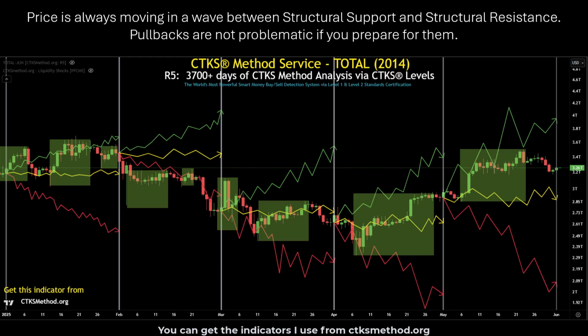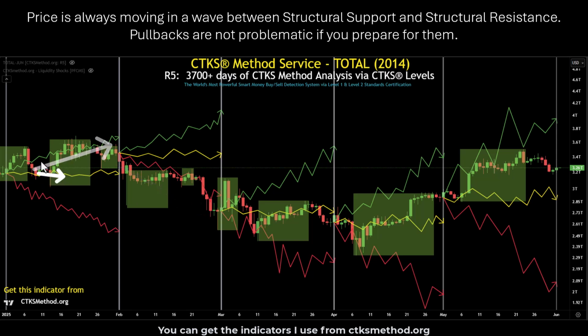You can see them pointed out in green. So uptrend, uptrend, uptrend, uptrend, uptrend, uptrend, uptrend. You can see that there are many uptrends, even when things are going negative. If you're buying correctly and with a structural understanding, you can really do quite well. The CTKS method doesn't care if price is going down, it's going up.